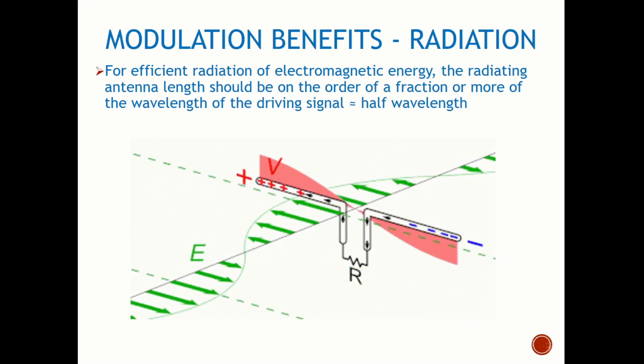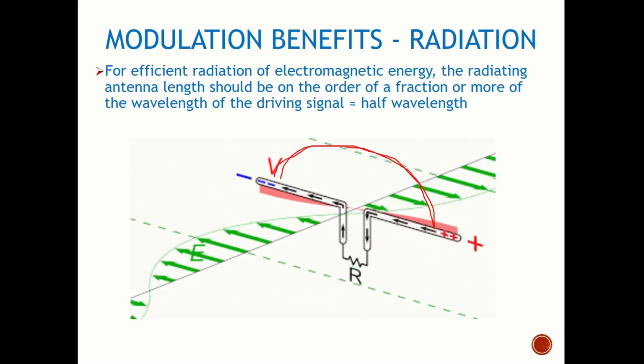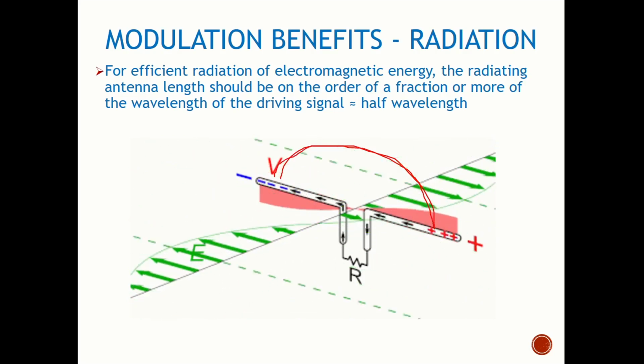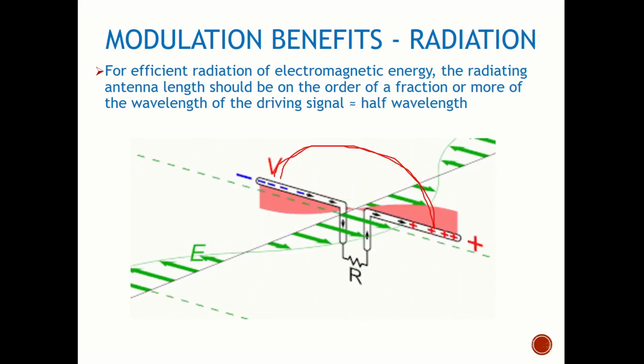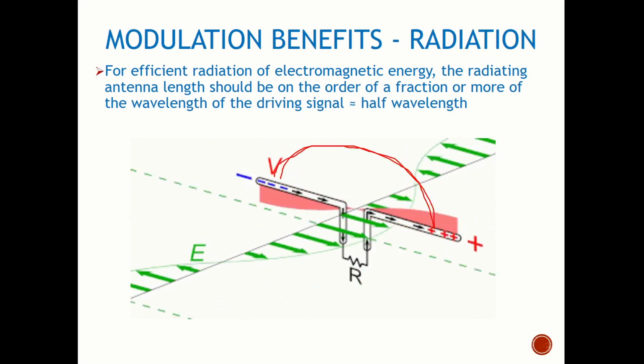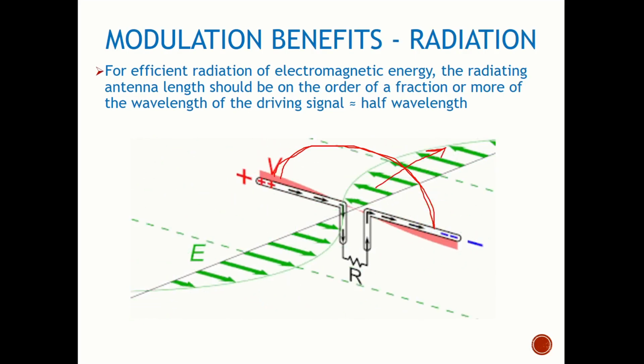This positive and negative creates an electric field between the two poles. So this is like a dipole antenna. This electric field is variable, so it generates a magnetic field, and the signal is transmitted in the air as an electromagnetic wave.